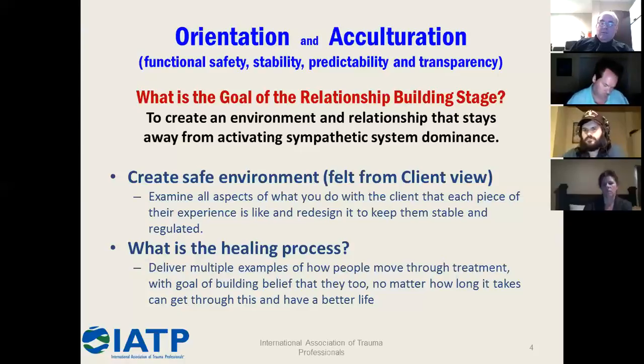So one of the outcomes of their state is very little belief that they can be better, very little confidence that they can move through this and recover.